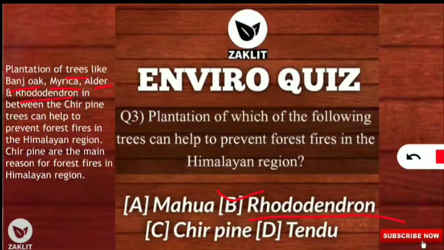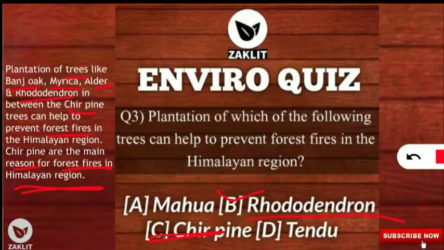So these trees, if you are planting in between the chir pine, can help to prevent forest fire. Chir pine are the main reason for the forest fire. So here chir pine are not preventing forest fire, they are the major reason for the forest fires in the Himalayan region. This you should also know.